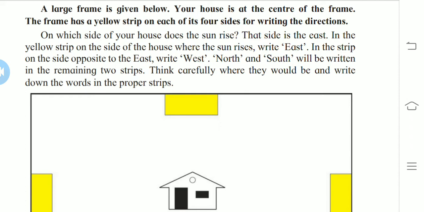In the yellow strip on the side of the house where the sun rises, write east. In the strip on the side opposite to the east, write west. North and south will be written in the remaining two strips. Think carefully where they should be and write down the words in the proper strip.